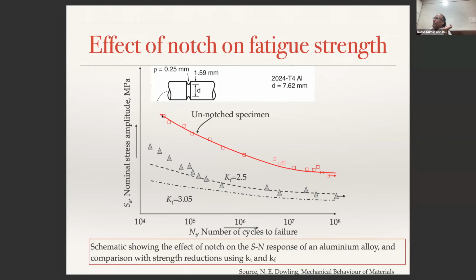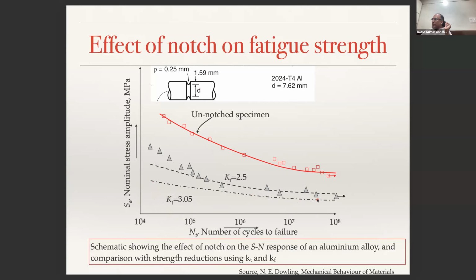You divide the stress amplitude by KT, the theoretical stress concentration factor, which is 3.05 in this particular scenario, and this is the predicted stress-life diagram.